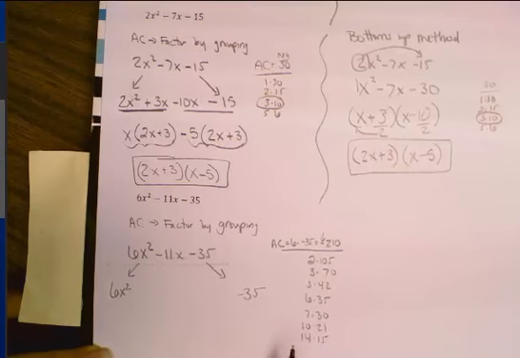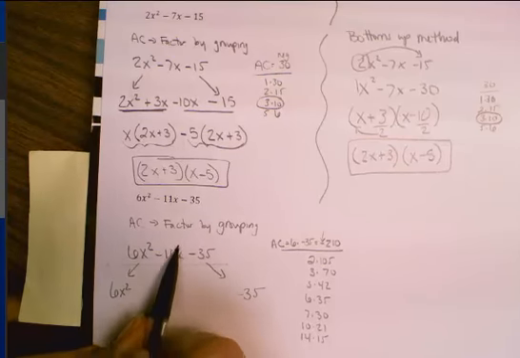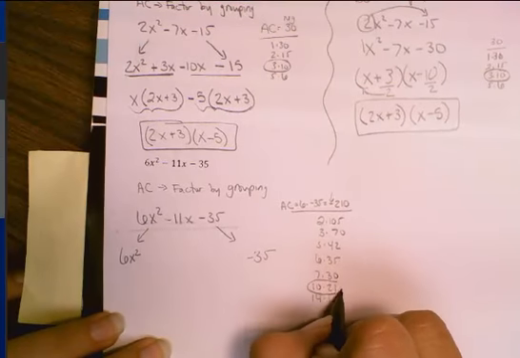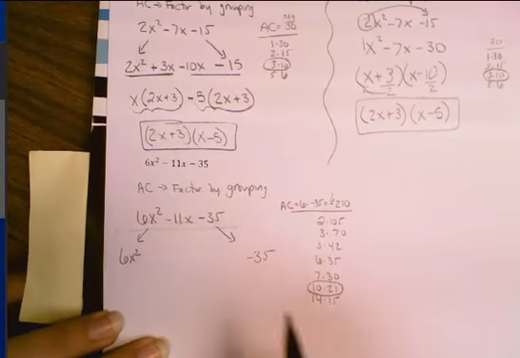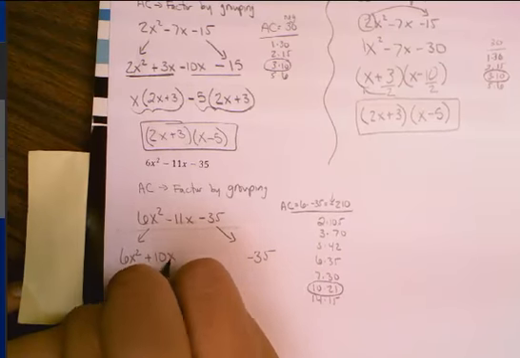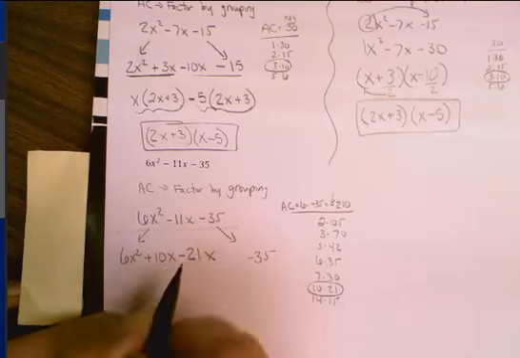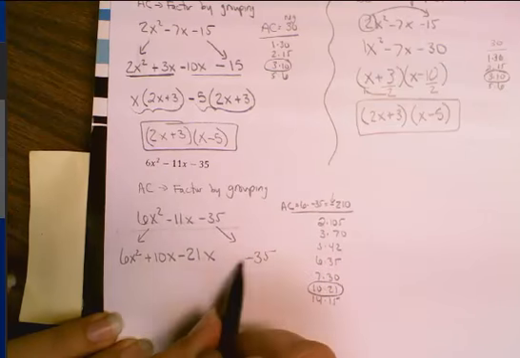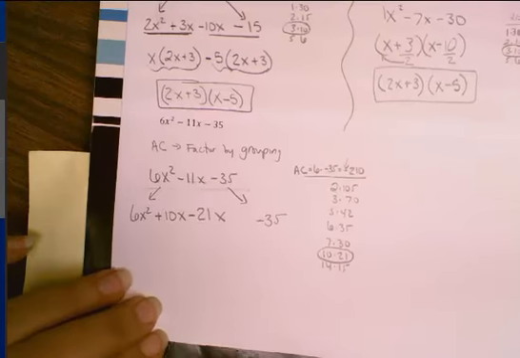So we can choose either one of these numbers to be the negative, and we need to make sure that they add to negative 11. Well, it turns out that it's this one right here. So if I take a positive 10x minus 21x, that gives me the same exact value of negative 11. So I didn't change the problem any, I just rewrote it a little differently.